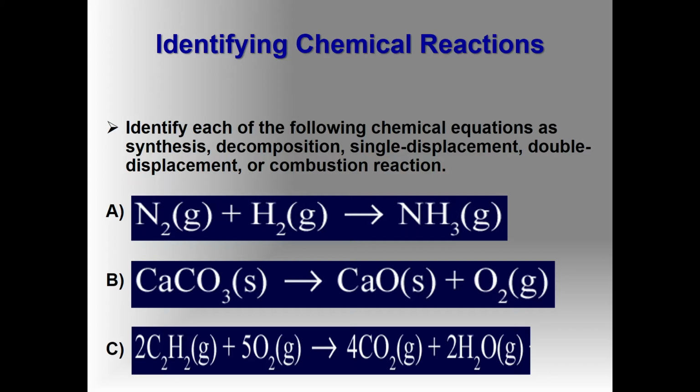It's in the form of A plus B equals C. What is B? Decomposition. We have one thing breaking apart into two things. What is C? Be very careful. You are somewhat correct, but there's a better way to look at this.